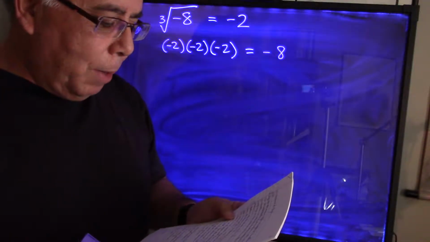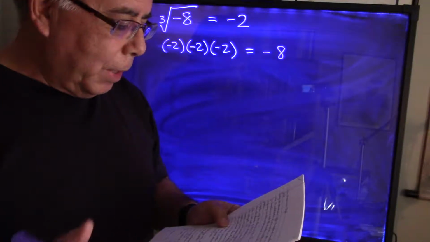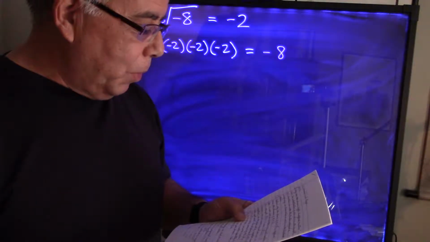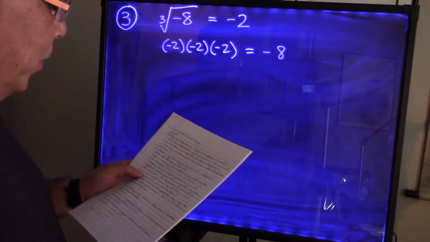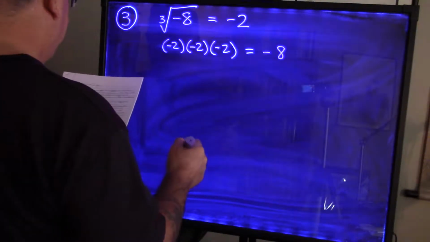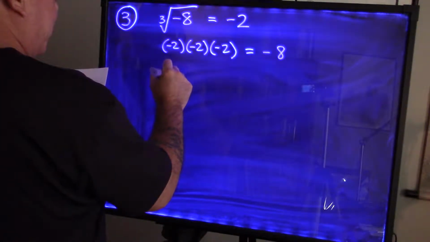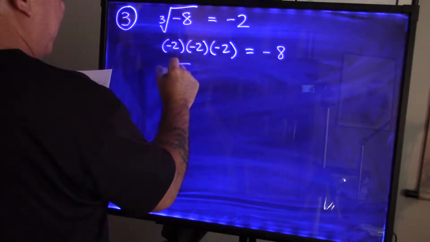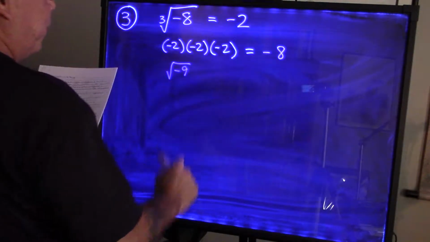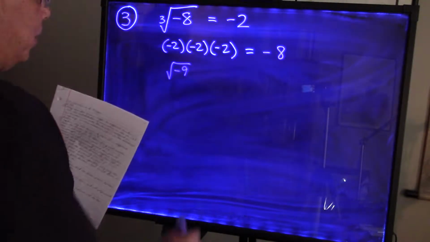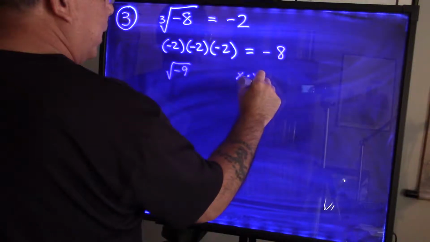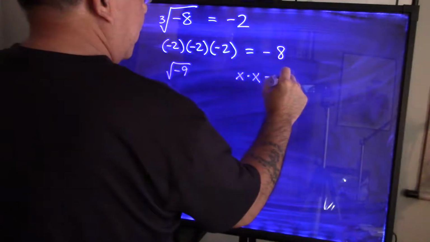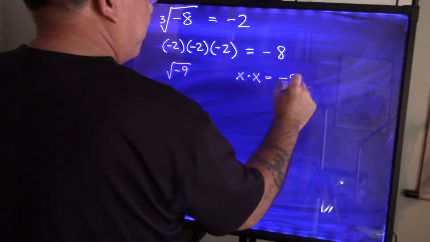There is no such domain for the square root function, though. We talked about this in problem number 1. We have, for example, the square root of negative 9. There's no number which, multiplied by itself, equals negative 9.